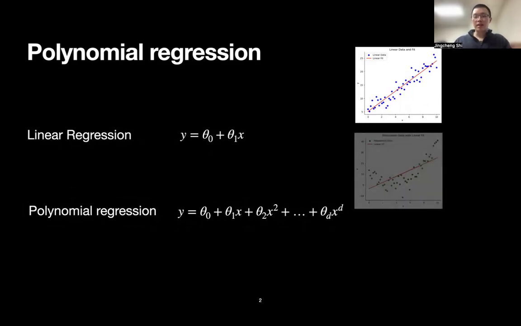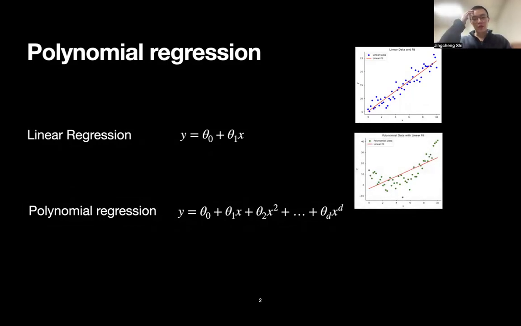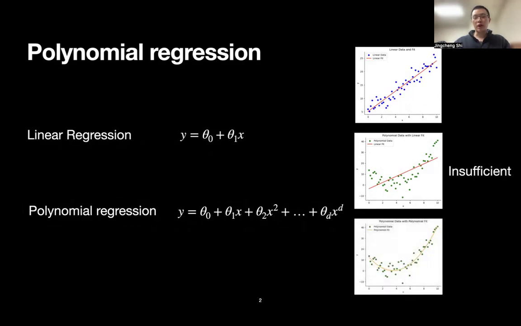Say we have some relation between x and y like this. If we still use linear regression, it may not be sufficient; you can see the fit is not quite good. But if we use polynomial regression with power 2 and refit the relation between x and y, it will look great. That's why we sometimes use polynomial regression in neuroscience data analysis.